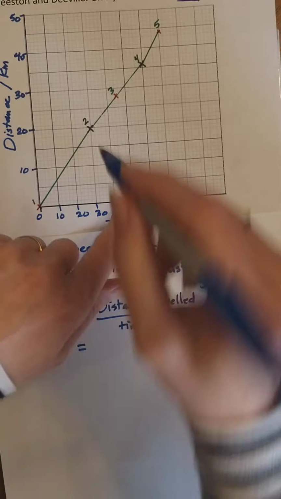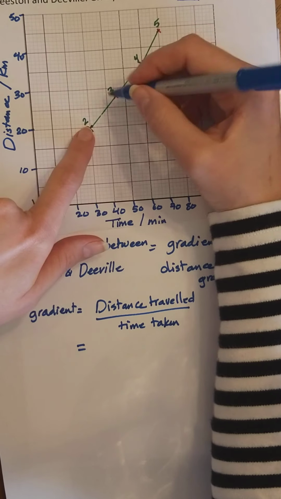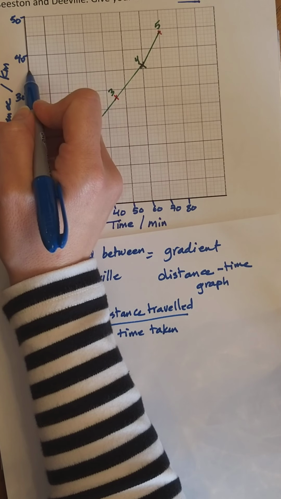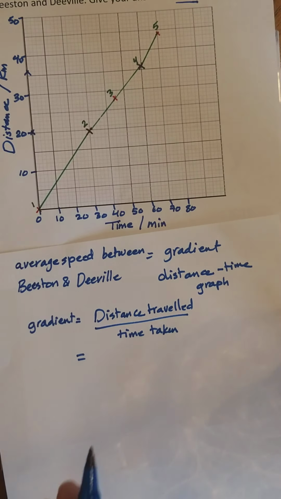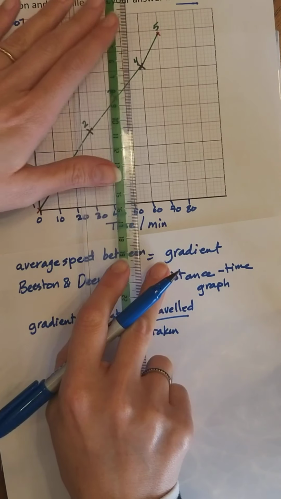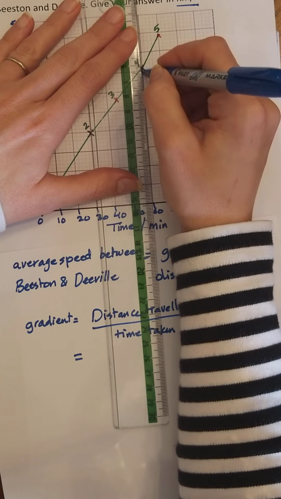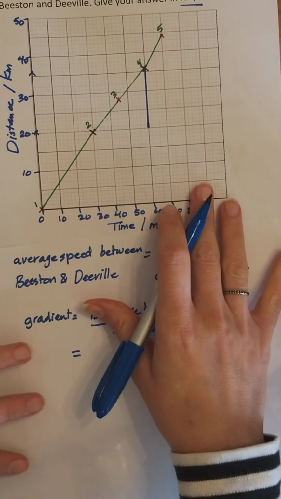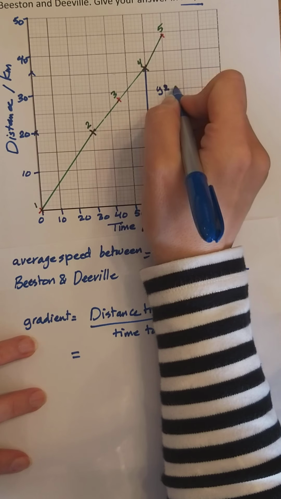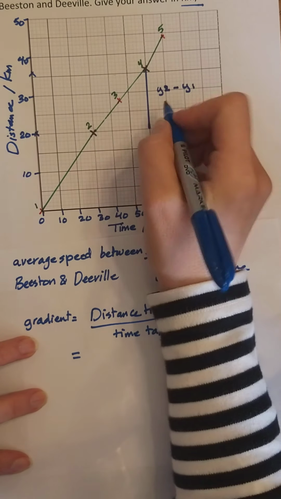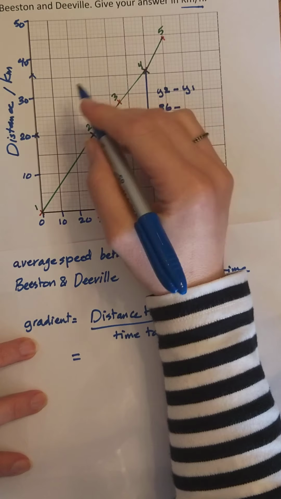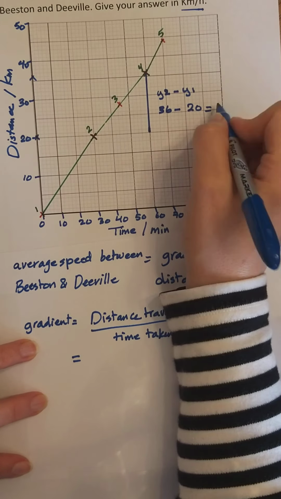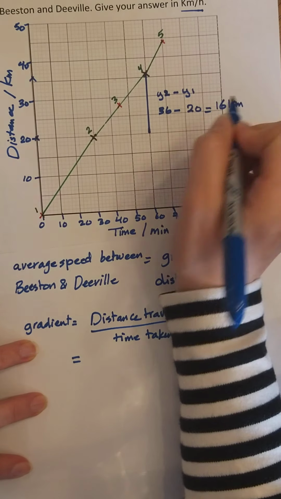The distance is the difference between this point and 36. So if we draw a vertical line here, we will have a vertical line representing the distance, which is the difference between y2 minus y1. y2 is 36 minus y1, 20, and the distance traveled is 16 kilometers.